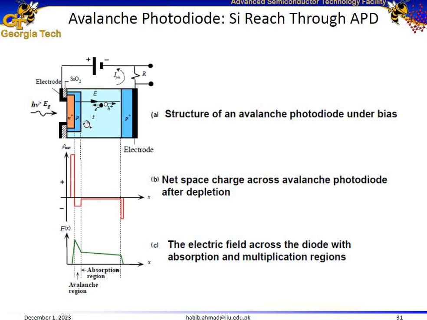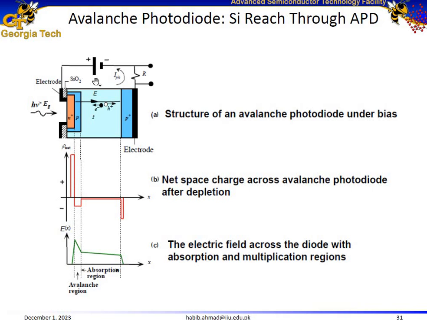Initially, the depletion width would extend to this region, and it is going to increase further with an increase in the reverse bias voltage. And there comes a point, if you keep increasing the reverse bias voltage, when this depletion width is extended throughout the entire I layer of this structure. The voltage corresponding to that point is called the reach through voltage.